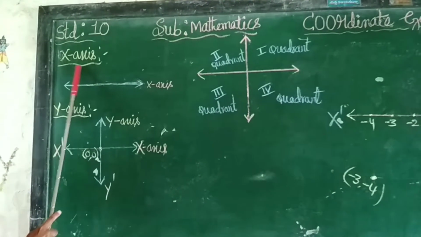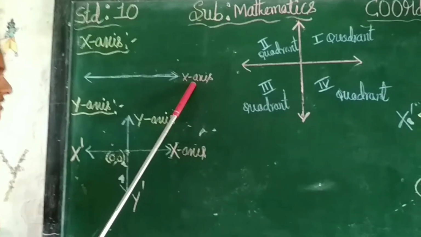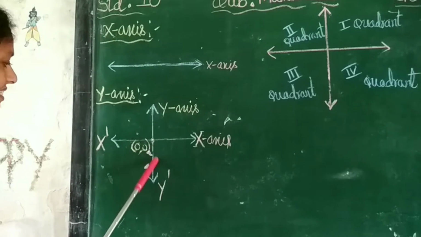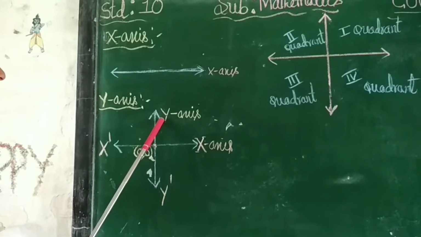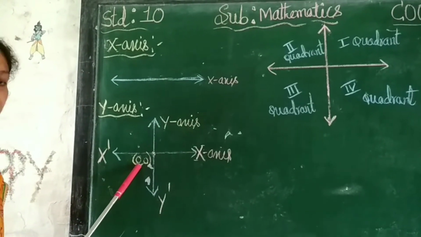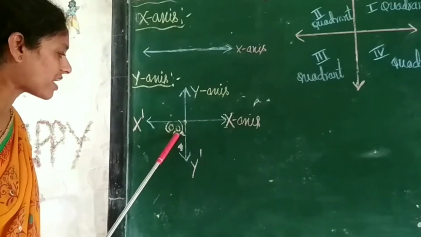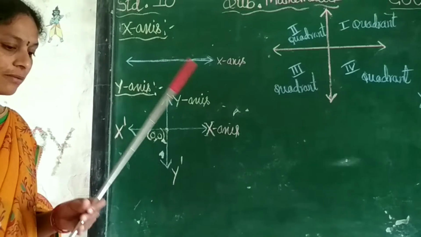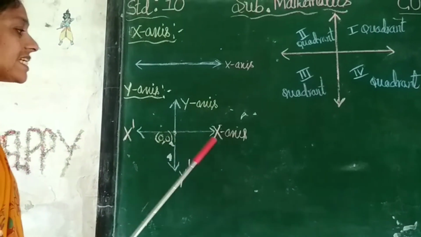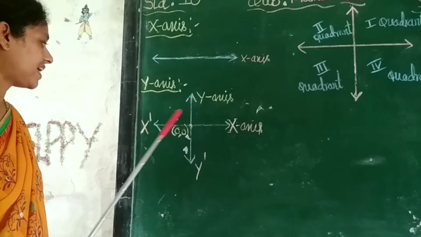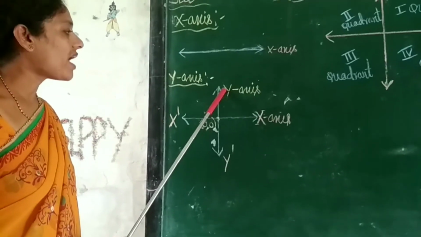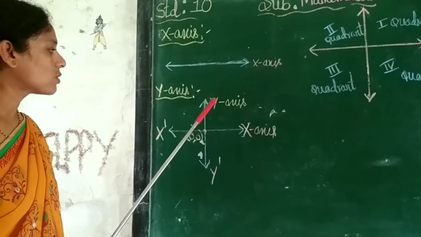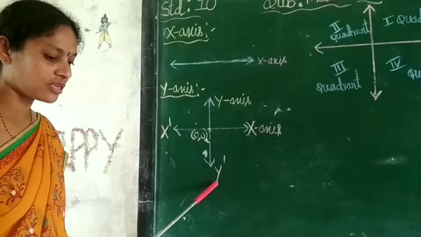The horizontal axis is called the x-axis and the vertical axis is called the y-axis, and the point of intersection is called the origin (0, 0). The x-axis is named x dash and the y-axis is named y dash.